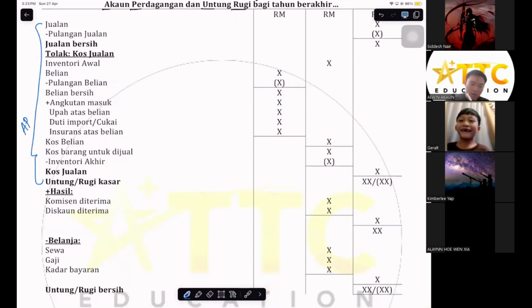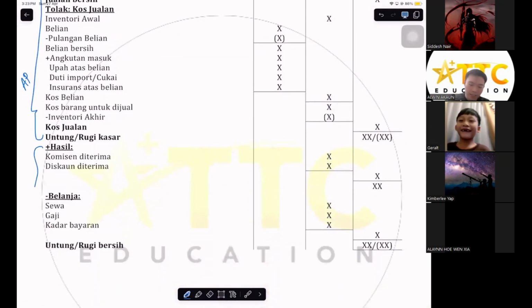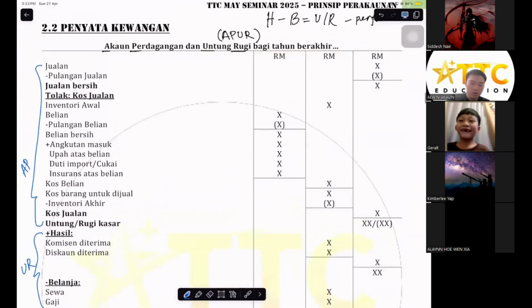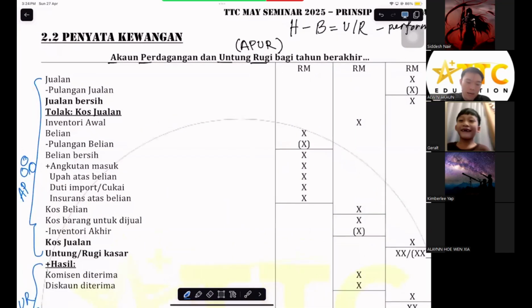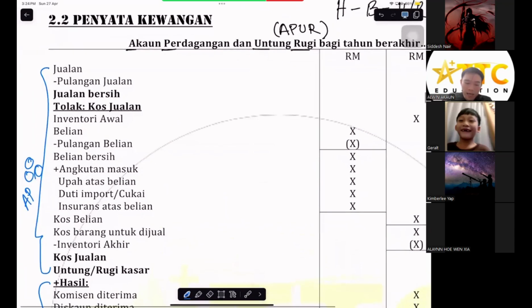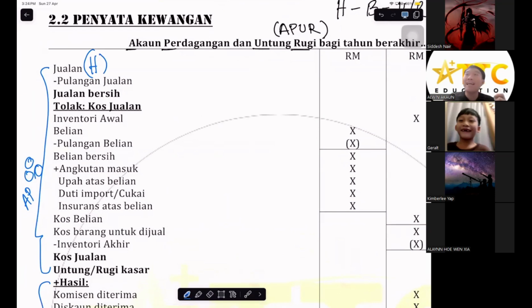This is AP. And hasil and belanja here will be your untung rugi. Account perdagangan is talking about your barang niaga. Jualan is actually a kind of hasil. Remember that? Jualan is your hasil operasi, day-to-day operation.